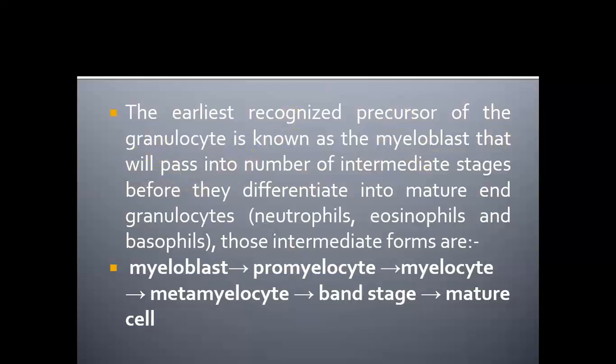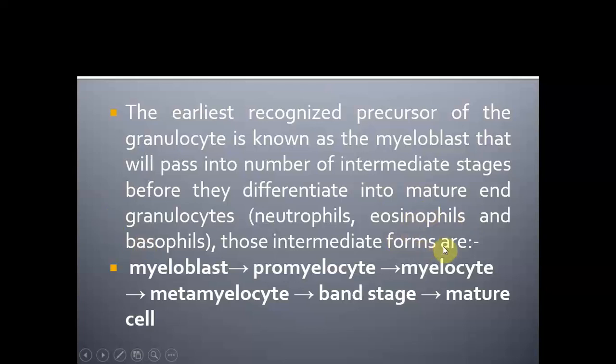And we said the erythroblast will pass through stages of differentiation until it finally becomes a mature red blood cell. The same thing applies for the white blood cells. The earliest recognizable precursor will be what? The myeloblast. It will also pass into intermediate stages before differentiating into mature polymorphonuclear cells or granulocytes, which are neutrophils, eosinophils and basophils.